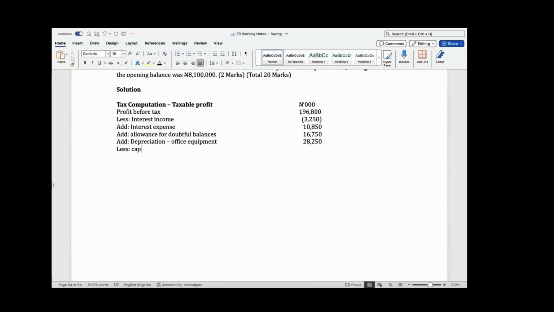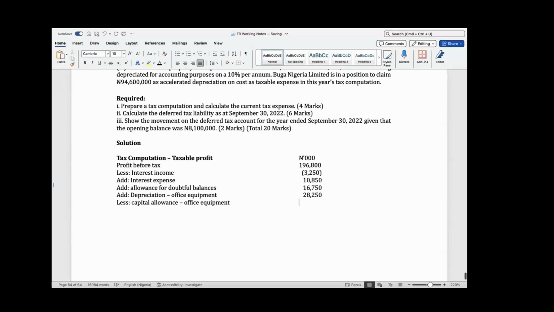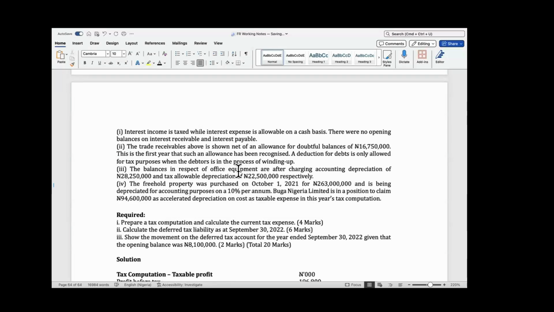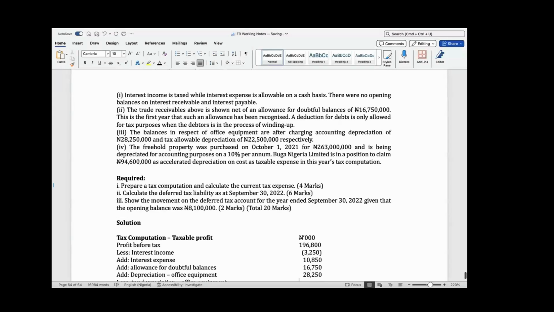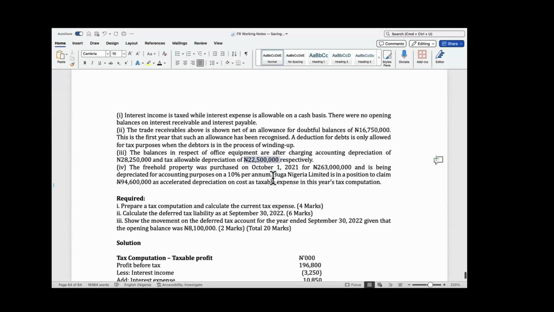I will deduct capital allowance on the same office equipment. How much was the capital allowance? 22,500. So in the exam, you can call it tax depreciation, since that's what they call it in the question, instead of capital allowance. 22,500.